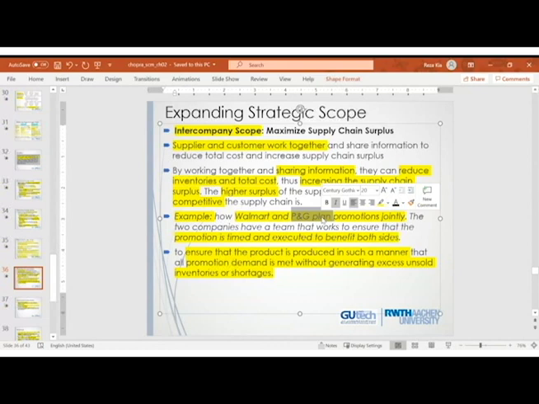They try to match the production capacity of the P&G manufacturing site with the promotion defined by Walmart. Then they can expect that the unsold inventory or the shortage will be minimized.